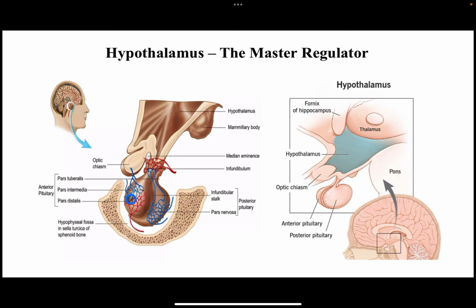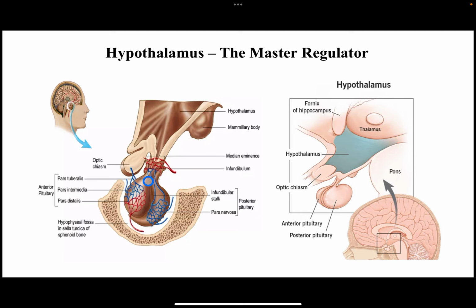Why adenohypophysis? Because it's connected to the hypothalamus using blood vessels. Why neurohypophysis? Because it's connected to the hypothalamus using a neuron or nerve fiber. We will get to all that.